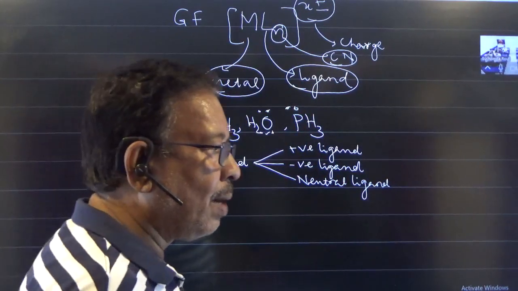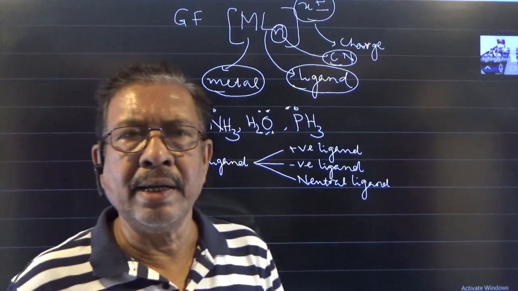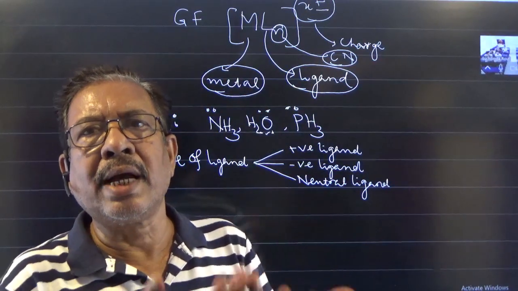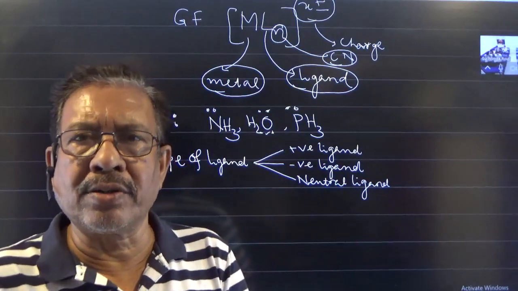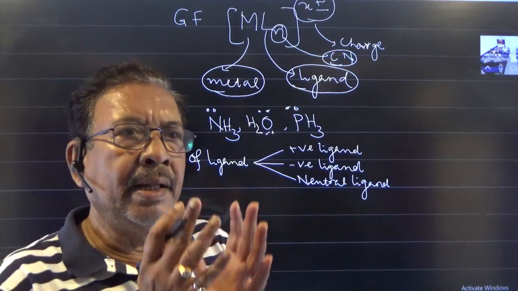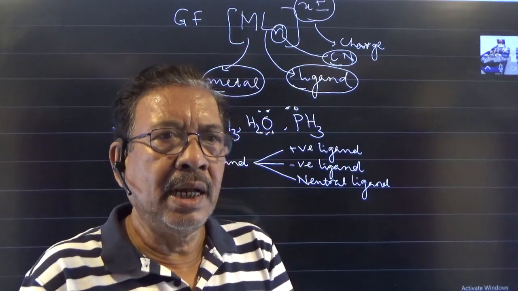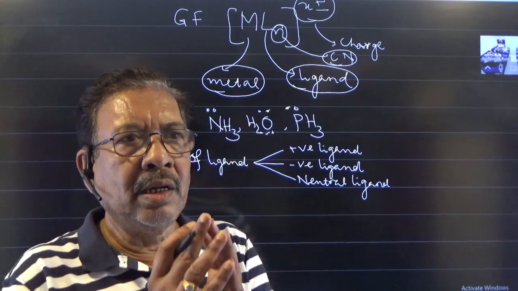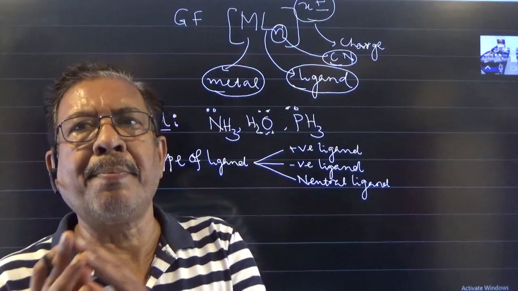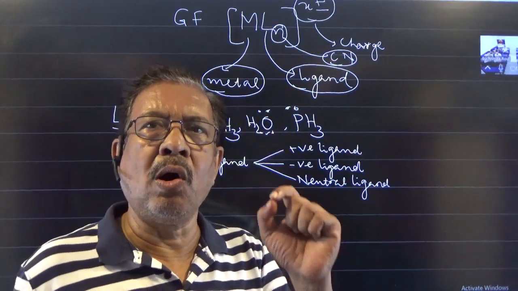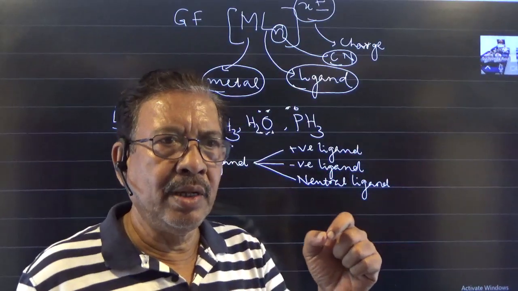A positive ligand, listen first. What is a ligand? Ligands are those which can donate a pair of electrons. A ligand having positive charge and also donating a pair of electrons to the central metal cation is called a positive ligand.